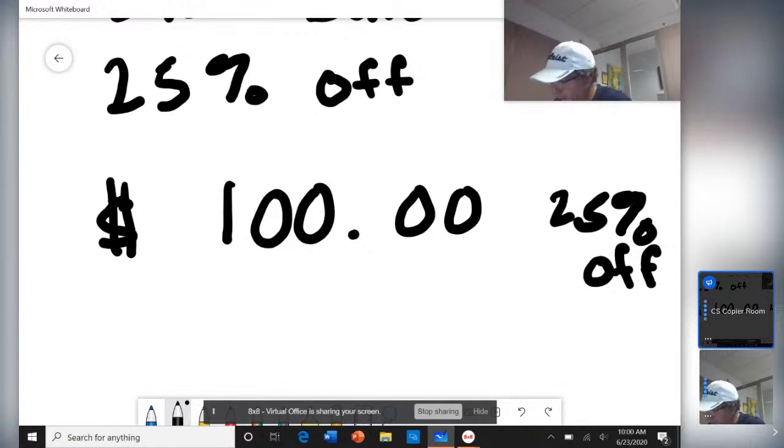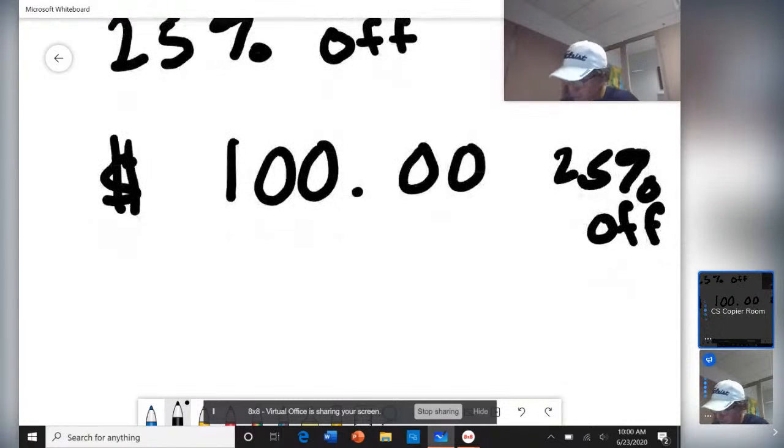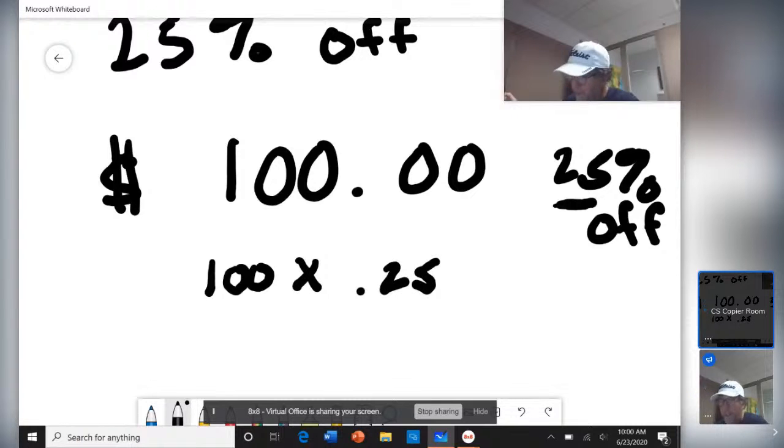But if we don't know that, basically, what we're going to do here is we can multiply the 100 times this 25% right here, which is 0.25. And when we're working in class on decimals, we know there's two zeros right here.